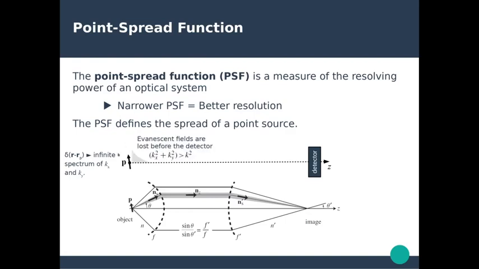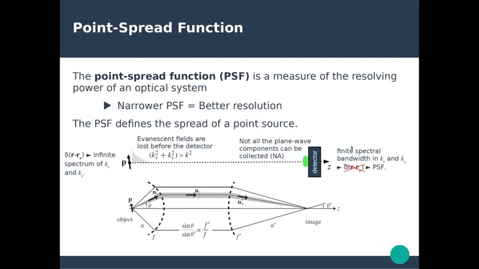However, the evanescent waves formed at the point source will vanish rapidly because they do not propagate, and those evanescent fields are lost before the detector. On the other end, large k-vectors that are not collected by the numerical aperture of the detector are also lost.